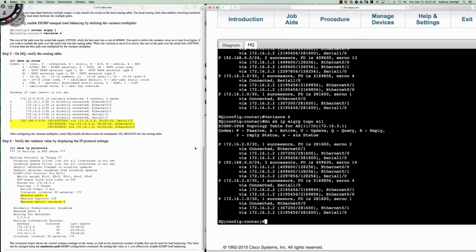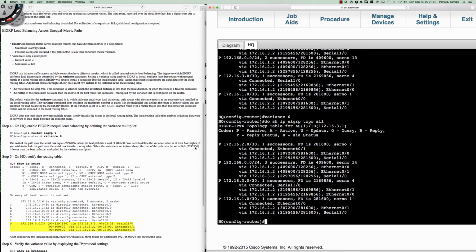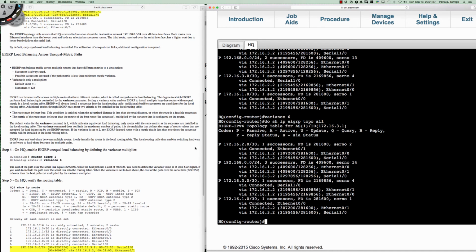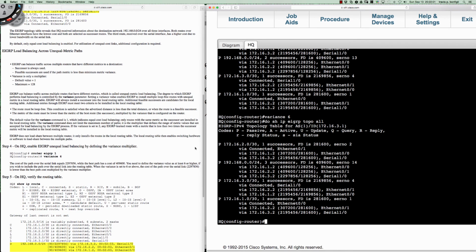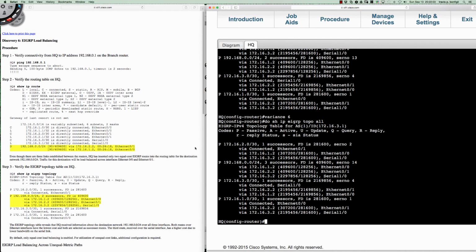All right, so this was a really quick and short look at how to do load balancing across unequal cost paths. And again, what did we look at? Really, the variance command is what we looked at, but we need to make sure we have an understanding of the topology table, because at the end of the day, you can only use feasible successors to do unequal cost multipathing.